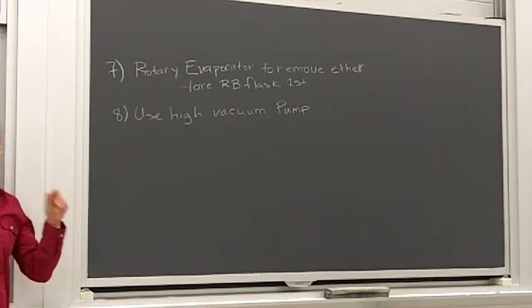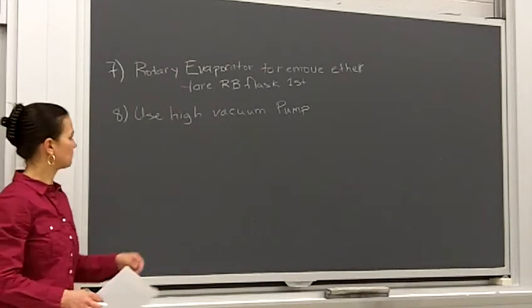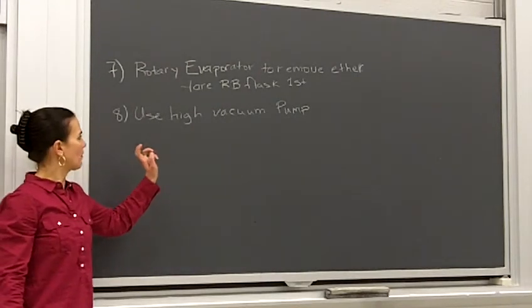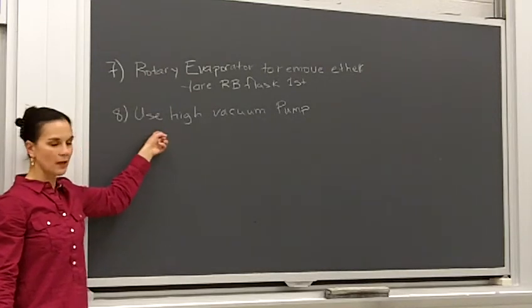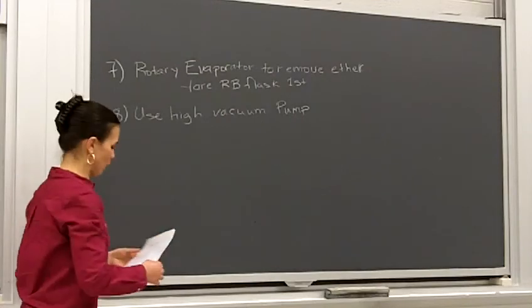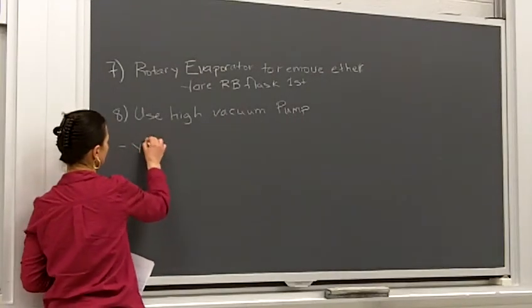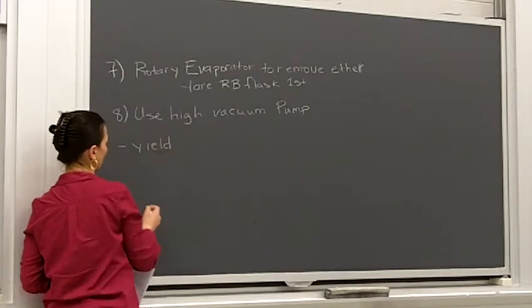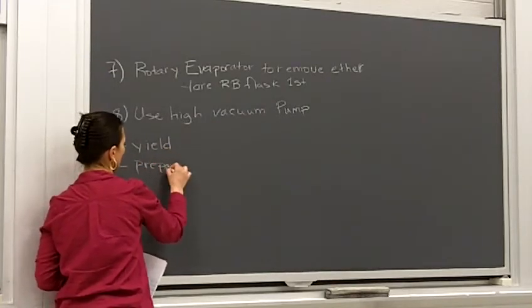So look ahead to part 20B before you rotovap and see which flask you need for part B. Don't use that one, okay? And then you can just store your product in the round bottom flask with a grease stopper. Couple things you need for your product, okay, before you store it. We're going to need to collect our yield, okay? We're going to need to prepare an NMR sample.